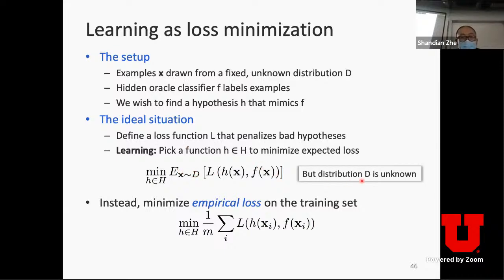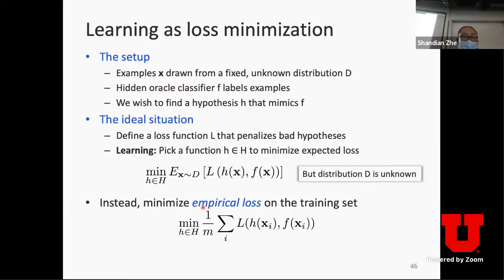However, because the data distribution D is really unknown, we cannot write down the exact form of this expectation. So in practice, we instead just draw a bunch of examples X, like 100 or 1,000, even 10,000. Then we average the loss over each training example as our final loss. This is called the empirical loss.